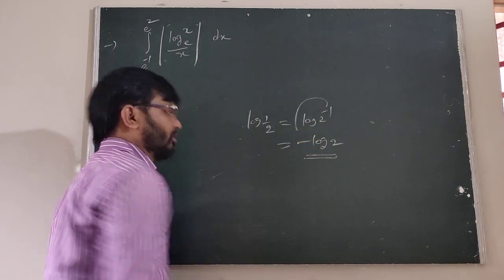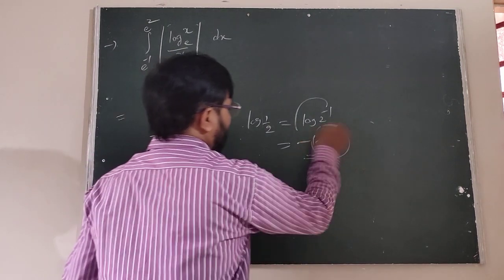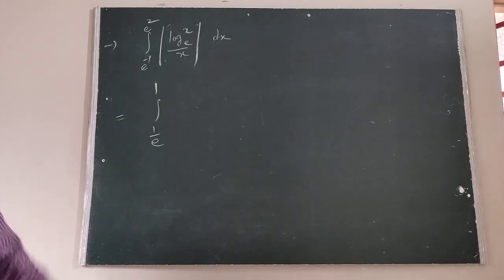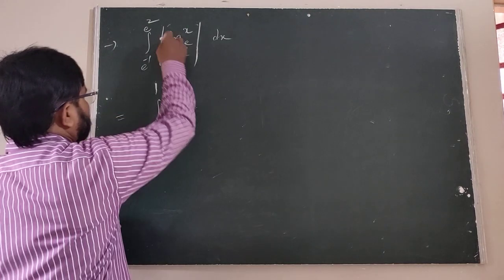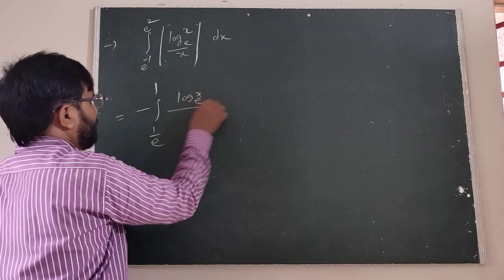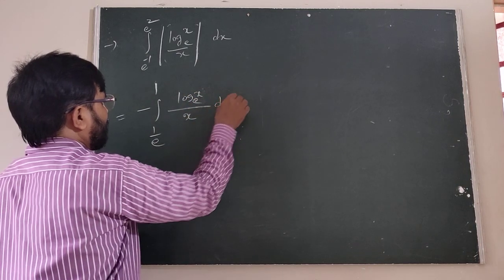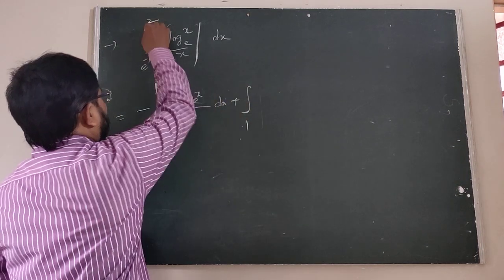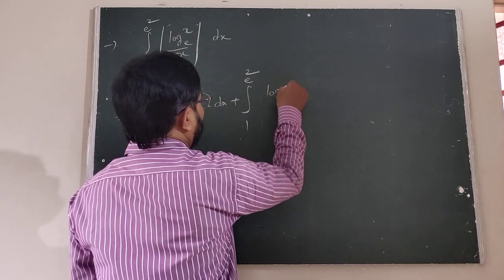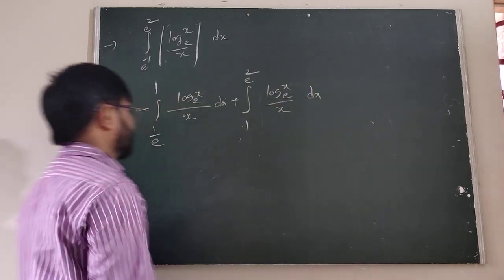Therefore, from 1 by e to 1 it is negative, that is minus of log x base e upon x dx, plus the integral from 1 to e square of log x base e by x dx.